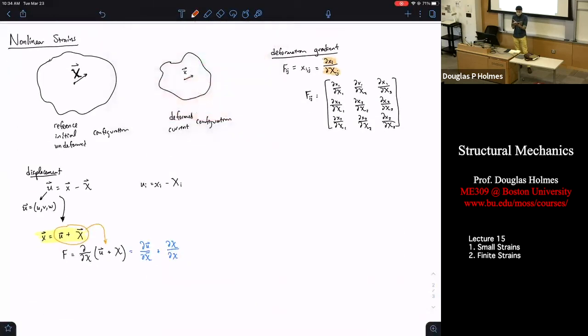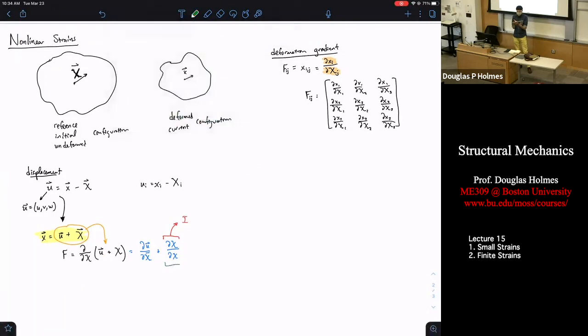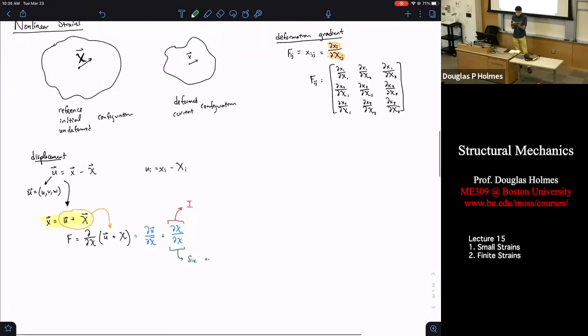If you're living in direct notation land, you would say that this is capital I. And if you're living in index notation land, you would say that this is Kronecker's delta, which is either written like this or like this. But basically, it's a matrix of 1s on the diagonal and 0s everywhere else.